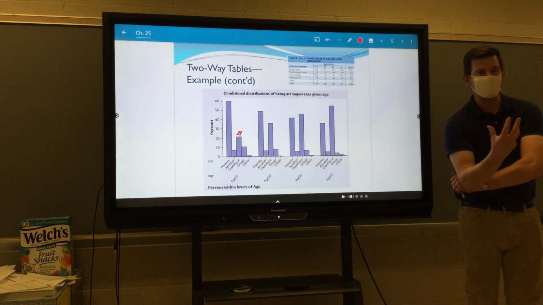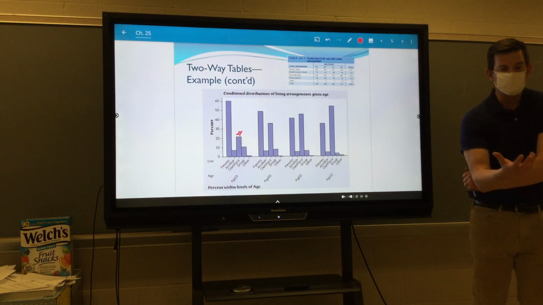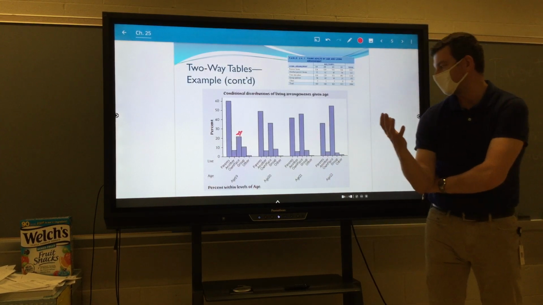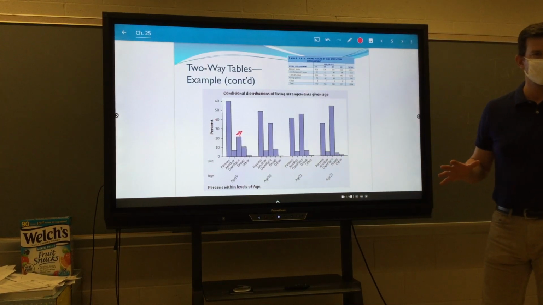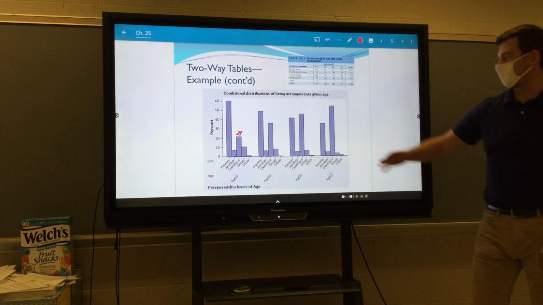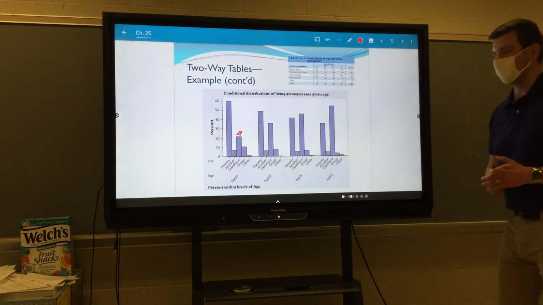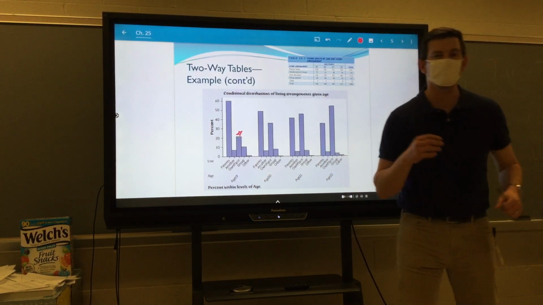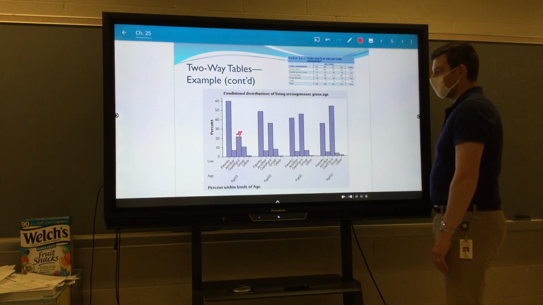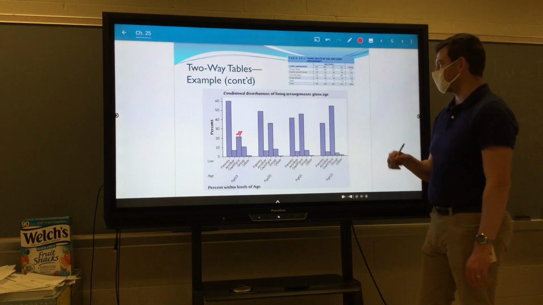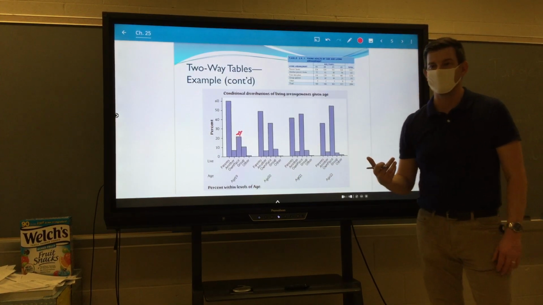But what we can't see is, does there appear to be a relationship between your age and your living arrangement? Some are changing. Yes, we see that. Is that change significant enough? And again, if we were to do a bunch of difference of two proportion z-tests, we're going to be doing z-test after z-test, p-value after p-value. Some are significant, some are insignificant.